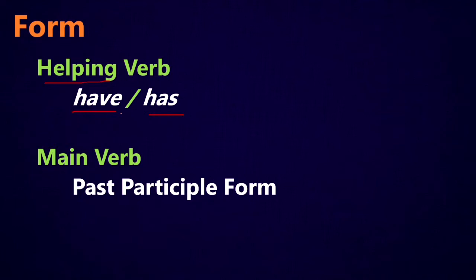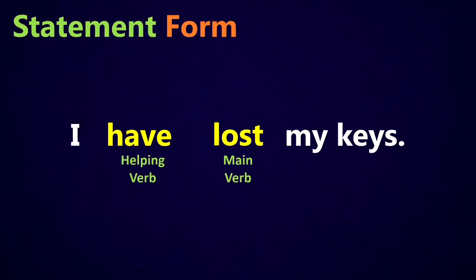So the helping verb will be either have or has, and then the main verb will be the past participle form of the main verb, the past participle form. So for example, I have lost my keys. We can see here the helping verb is have because the subject is I. And the main verb is lost, which is the past participle of the verb lose.